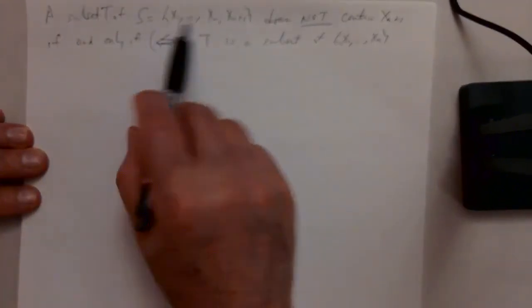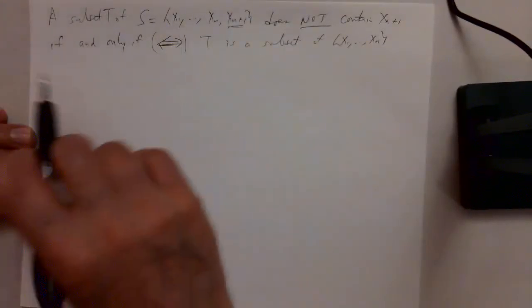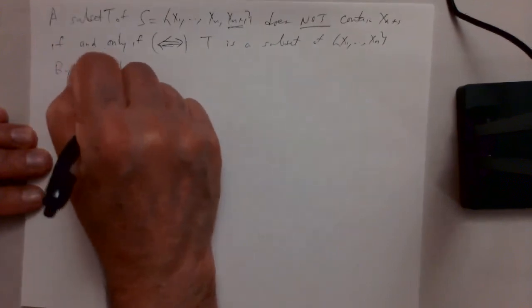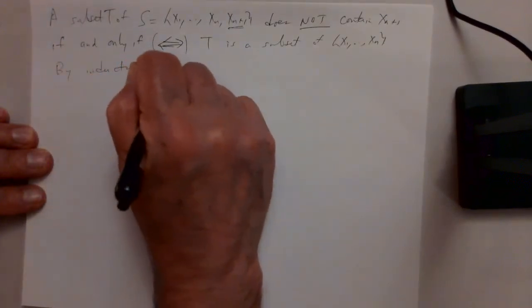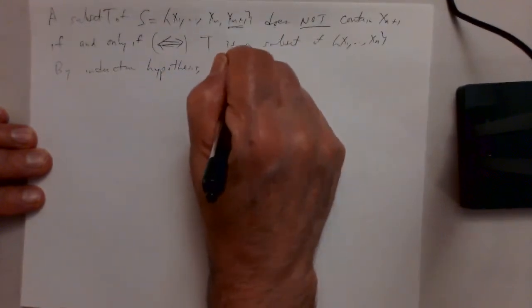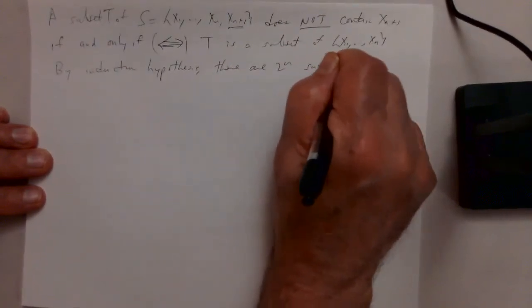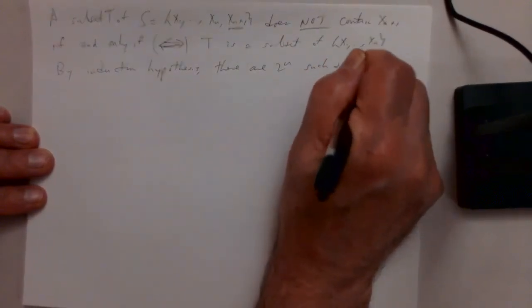A subset of S that doesn't contain this last element can only be a subset of the first n. And by the induction hypothesis, or the induction assumption, there are 2 to the n such subsets.